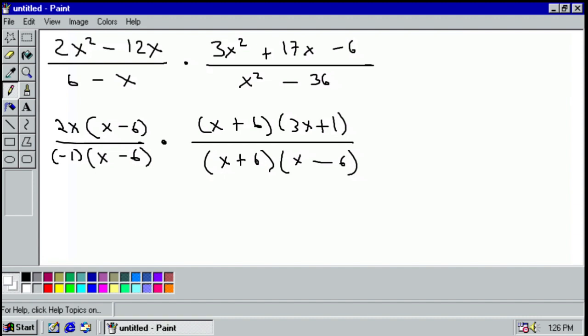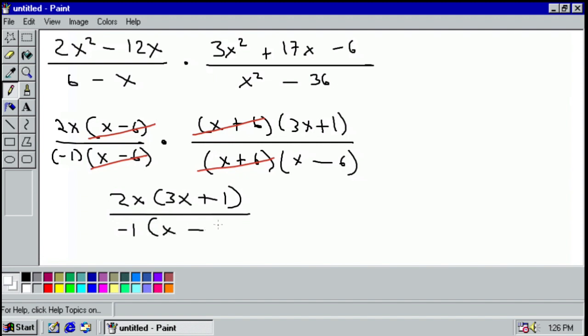Now we can cancel the factors. So we can cancel the 2x minus 6 here, and we can also cancel the x plus 6 here. There we go. And now let's copy what we have left. So on the top part we have 2x and 3x plus 1. In the bottom part we have negative 1, x minus 6.